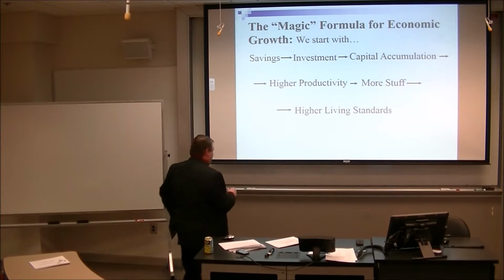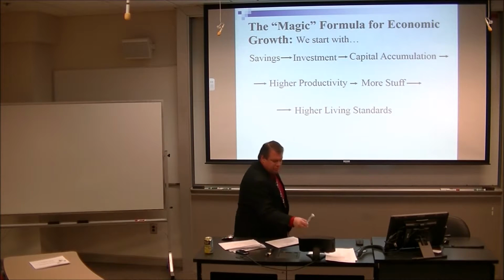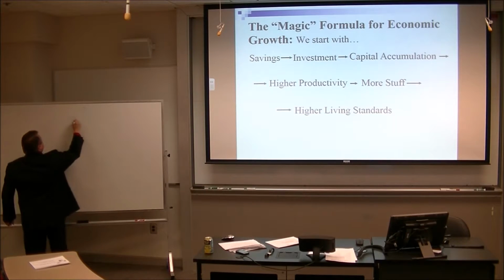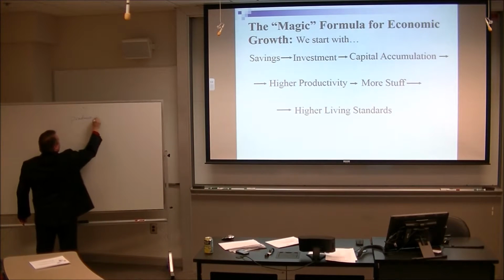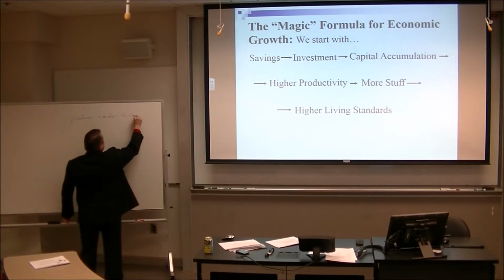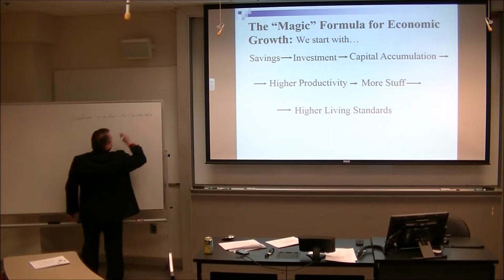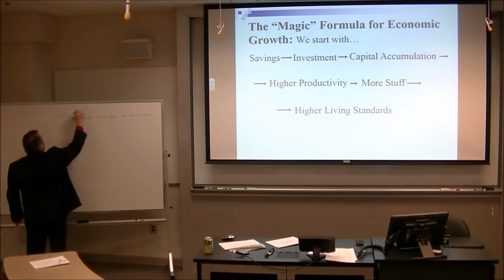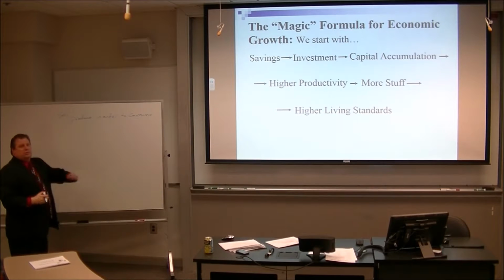So I'm going to go off the reservation for a moment, just because I can. Produce in order to consume. So this is Say. Now, years ago, John Maynard Keynes wanted to put his theory forward.